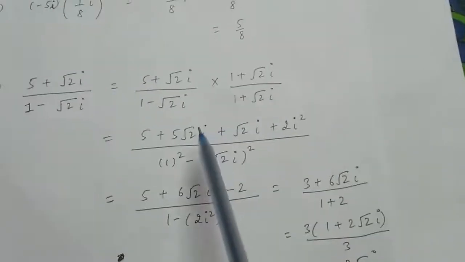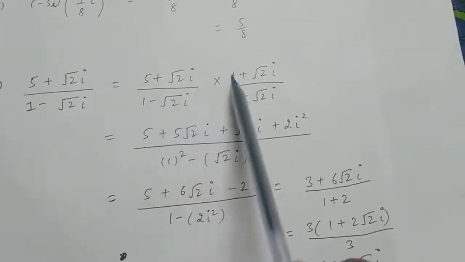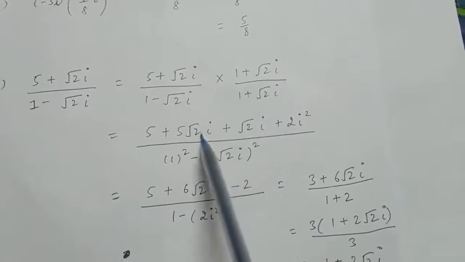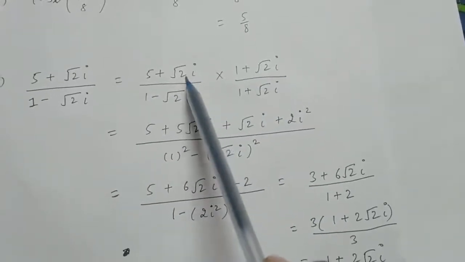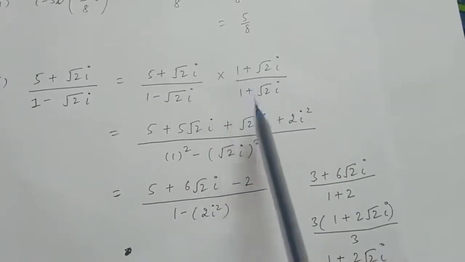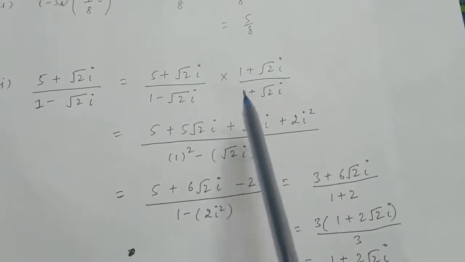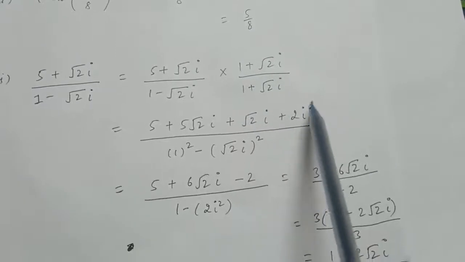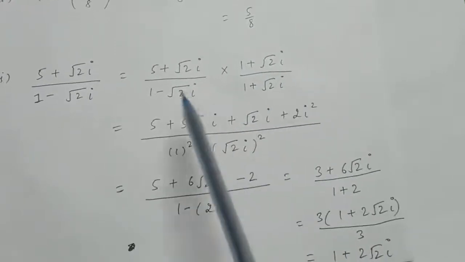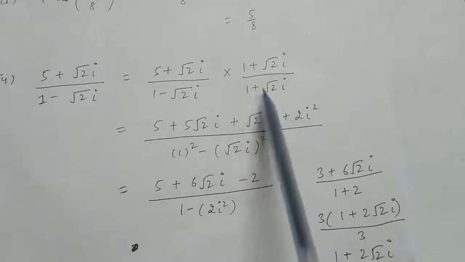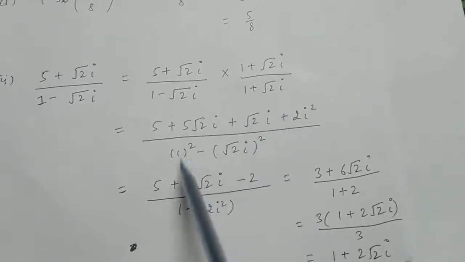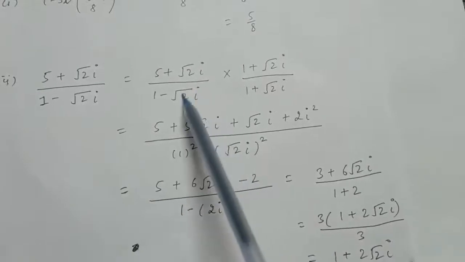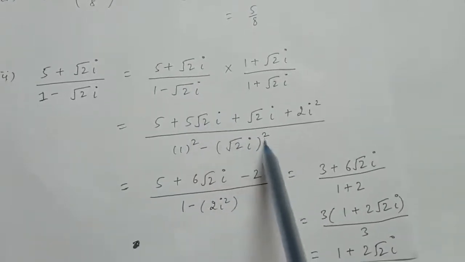Now the numerator will become 5 into 1, 5, then 5 into root 2 iota, that is 5 root 2 iota, then root 2 iota into 1 will be root 2 iota, and then root 2 iota into root 2 iota will be 2 iota square upon, here it is (a minus b) into (a plus b), which is a square minus b square. A is 1, so 1 square minus b square, b is root 2 iota, so (root 2 iota) whole square.